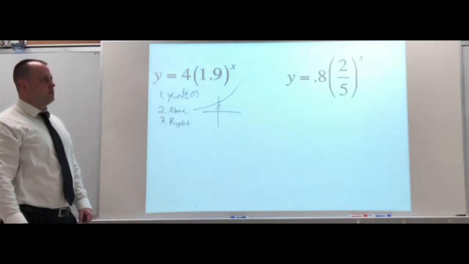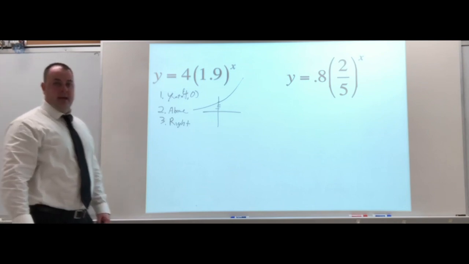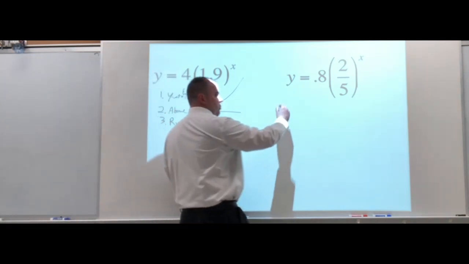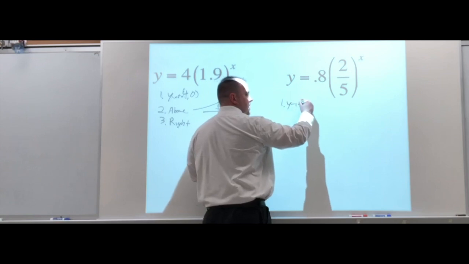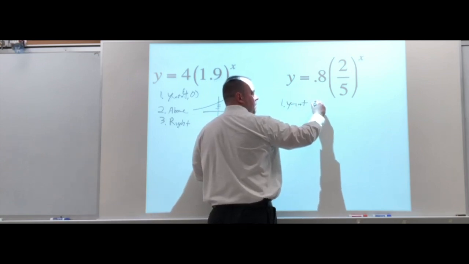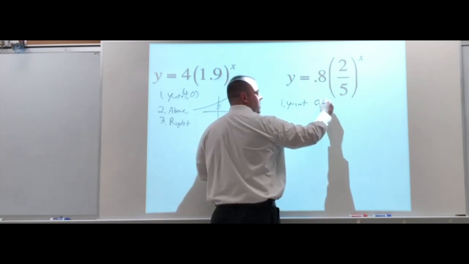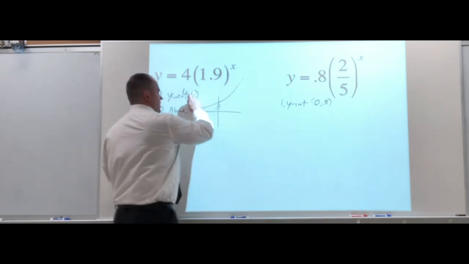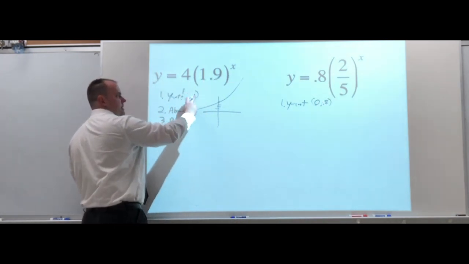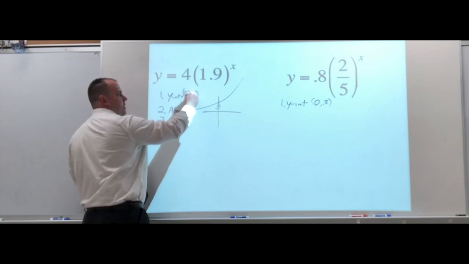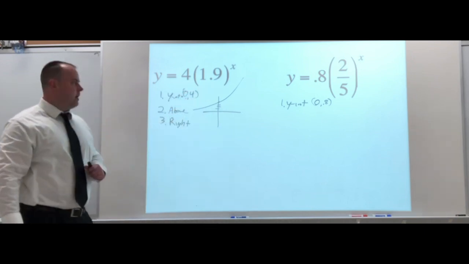Here we have y equals 0.8 times 2 over 5 to the x power. So again, start with the y-intercept. We have 0.8. So actually, I want to go back and switch this. That would be the y-intercept, not the x-intercept. We have 0.4. Sorry, that was my mistake there.